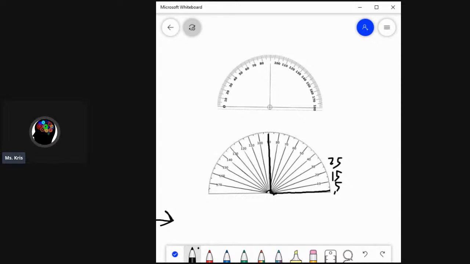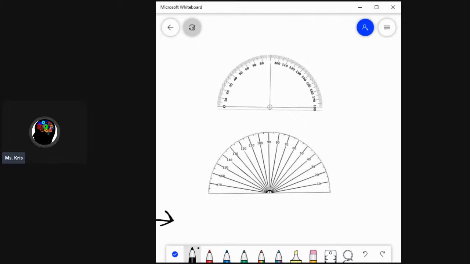You will get your measurement by simply holding your protractor, especially if you're looking for a specific measurement of an angle. Say you have an angle, and typically you make sure that one of the sides is straight down, so that way you can measure it.